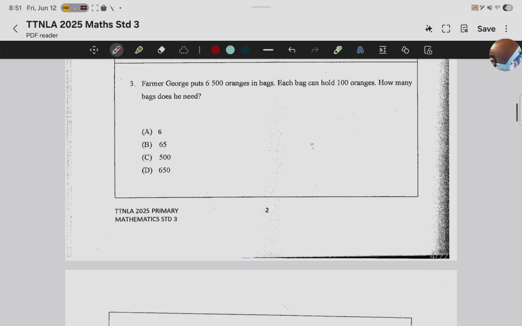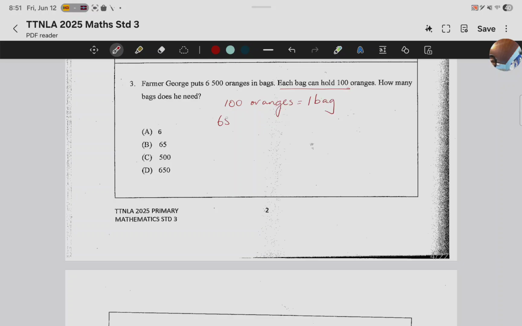Farmer George puts 6,500 oranges in bags. Each bag can hold 100 oranges. How many bags does he need? So we are grouping in bags, and each bag holds 100. So 100 oranges is equal to 1 bag.